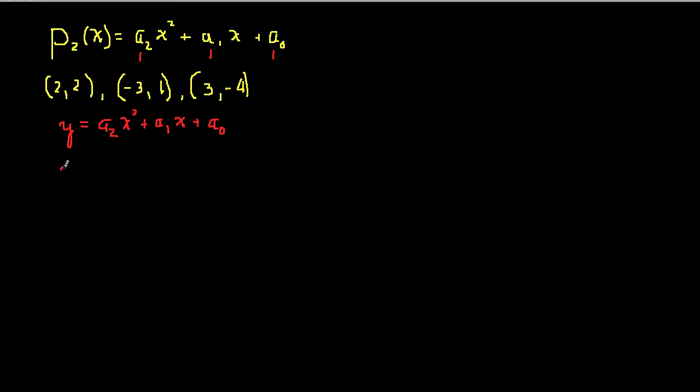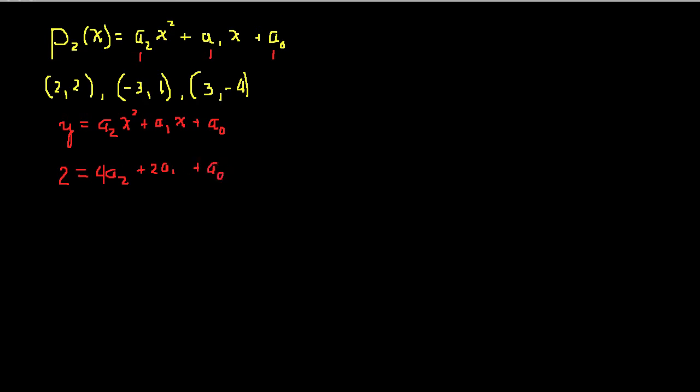So that equation I write as 2 equal to a2 times x squared. Okay, x is 2, so x squared is 4. So that becomes 4a2, and then plus 2a1, plus a0. So that's the first equation, okay?